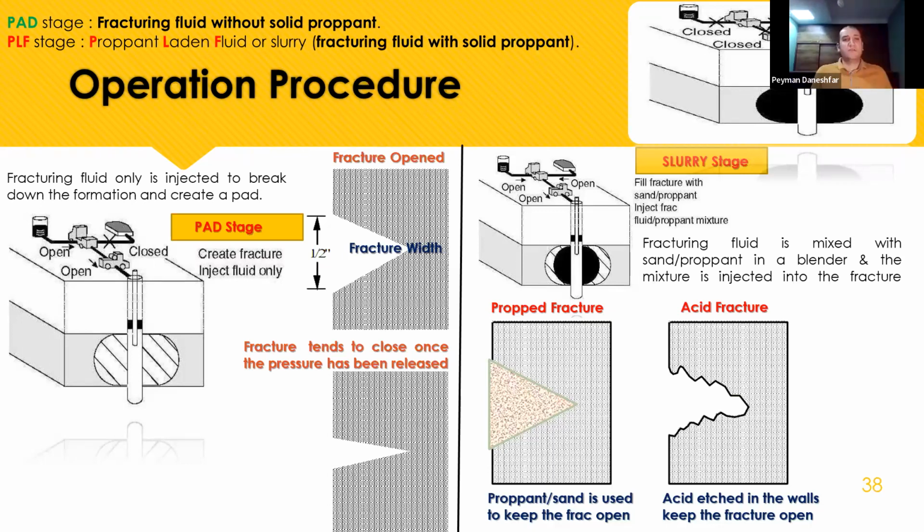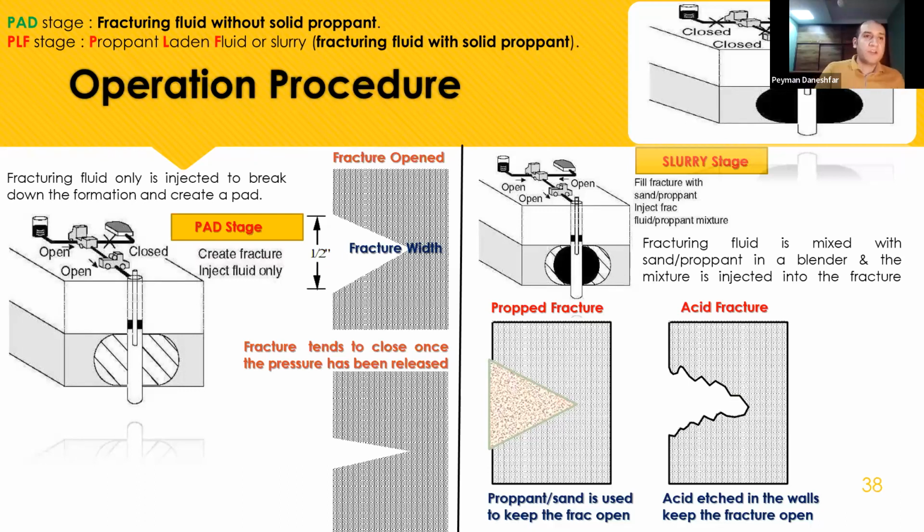Operation procedure, for example, a fracture. First of all, in the pad stage, our proppant tank is closed, because we just want to inject the fracturing fluid. We inject the fluid to create the fracture.